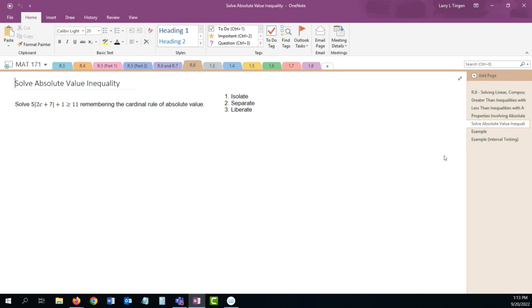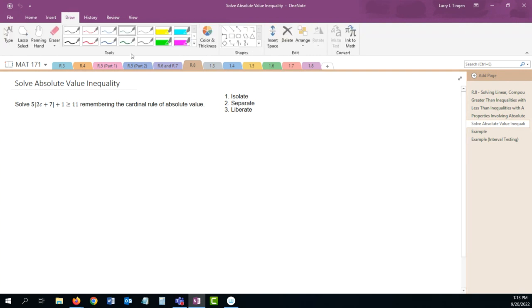Okay, so let's tackle these and see what we come up with. So I'm solving for 5 times the absolute value of 2c plus 7, plus 1, greater than or equal to 11. Since we're at the beginning of class and getting our minds warmed up, let's remember exactly what's going on.